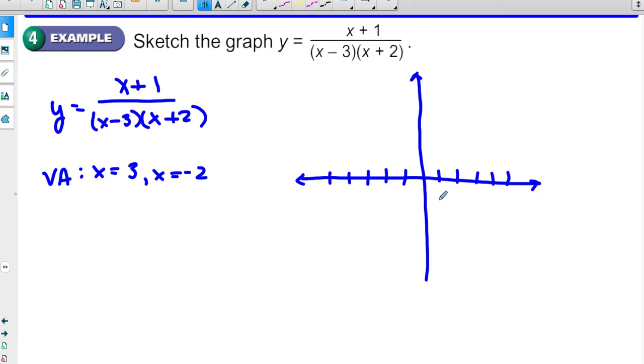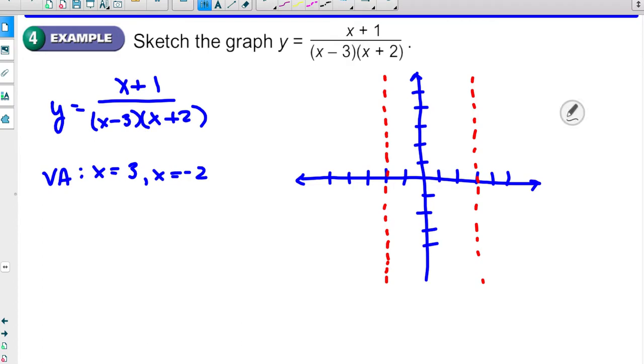Once we have that all there, so we have x is 3, I have a vertical asymptote here. And I also have a vertical asymptote here.